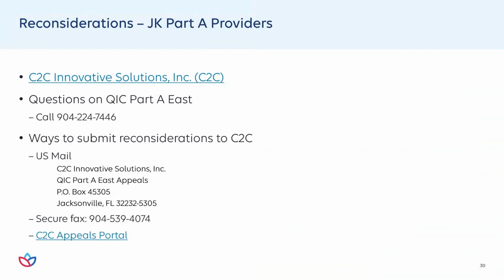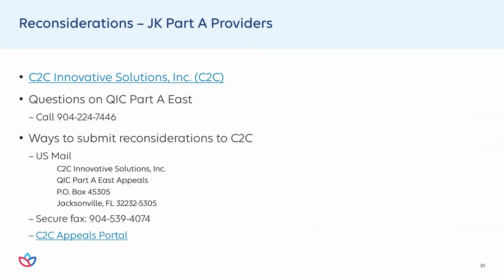Now, I did mention that there are different QICs, or Qualified Independent Contractors, depending on your jurisdiction, and this is where we're going to review that. So for your Jurisdiction K Part A providers, your QIC is C2C Innovative Solutions. Their website is hyperlinked for you at the top of the slide.